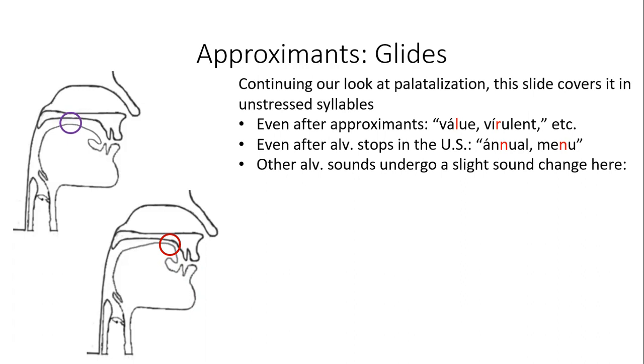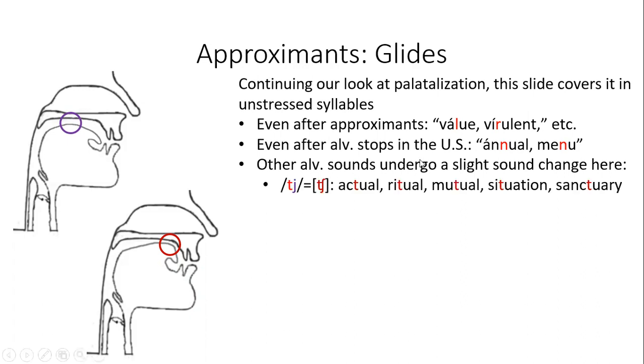And with the other alveolar sounds, the ones we talked about in class, t, d, s, and z, there's a sort of a sound change. And this is where we see that connection between post-alveolars and palatals. So a t, y becomes a ch. So actual, ritual, mutual, situation, sanctuary.